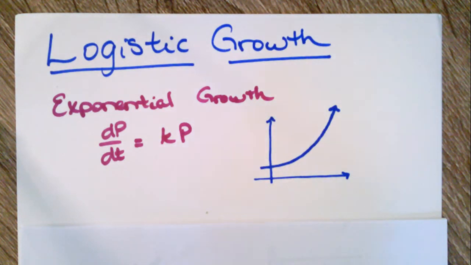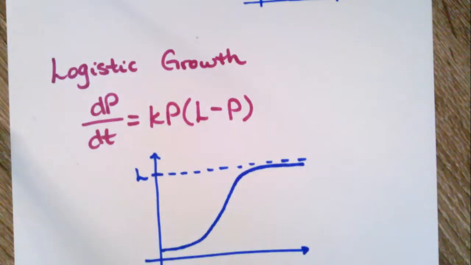This model works for some scenarios, but in many cases, the potential for growth has a limiting value. And when that's the case, that's when we have logistic growth.